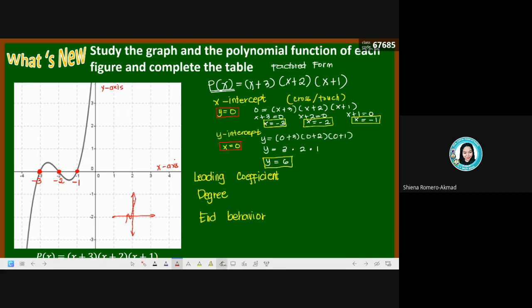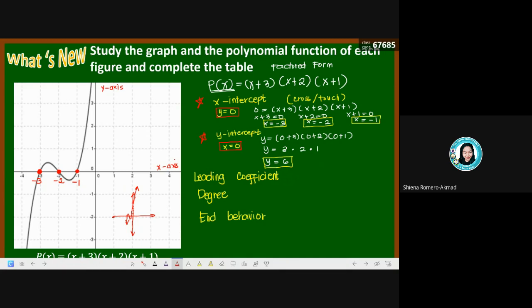Ay, pinagkamali ko. Yan. Taas. Yan. So, dadaan siya dun kay 6. Ganun yung magiging itsura niya. So, kaya ko siya ini-explain. Kaya ko ini-explain si x-intercept and si y-intercept para maintindihan ninyo na ito po yung mga dinadaanan ng graph natin.